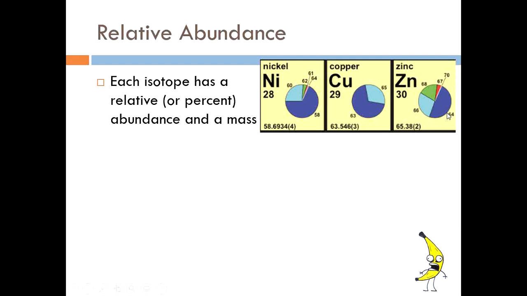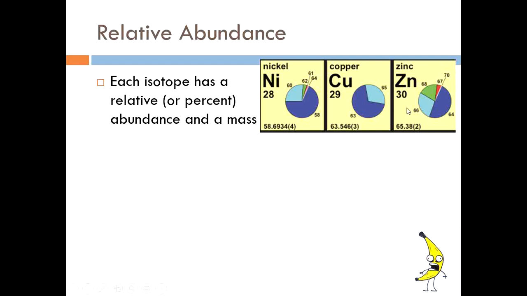Zinc has 1, 2, 3, 4, 5 isotopes. Okay? Zinc 64, zinc 66, zinc 68, zinc 67, and zinc 70. Well, which one is the most abundant? Well, if you look at the pie chart, zinc 64 is the most abundant by nature. Which one is the least abundant? Zinc 70.